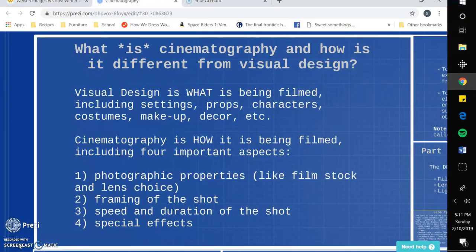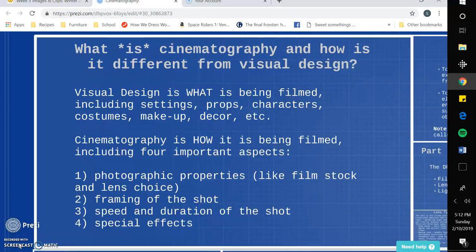And you can break that down essentially into 4 big categories or aspects of cinematography. The first one is photographic properties. These are the physical properties, the film stock, the lens choice. What type of photography are we doing here? So the cinematographer makes those decisions. The second thing is the framing of the shot, which we'll talk about more in a couple videos.